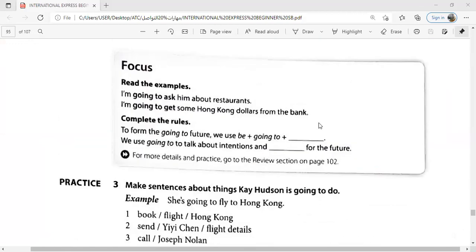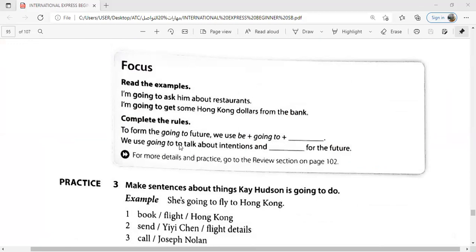Okay, focus. Read the examples. I'm going to ask him about restaurants. I'm going to get some Hong Kong dollars from the bank. Complete the rules. To form the going to future, we use verb to be plus going to plus infinitive. Infinitive verb or base verb.